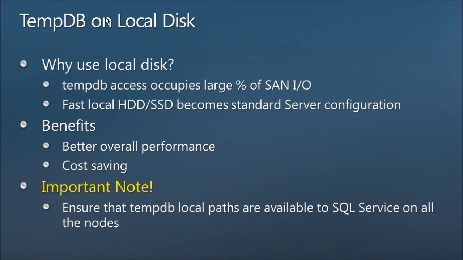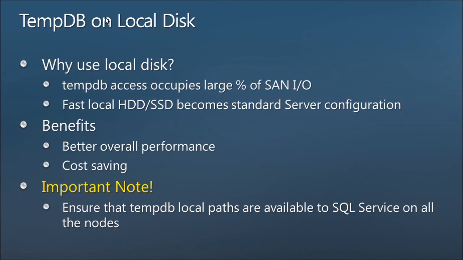And also, modern PC servers are configured with very fast hard drives or even solid state disks. Using tempdb on local disk can give you better overall performance. Also it can save you cost on the SAN storage. So you might consider moving your tempdb to local disk.